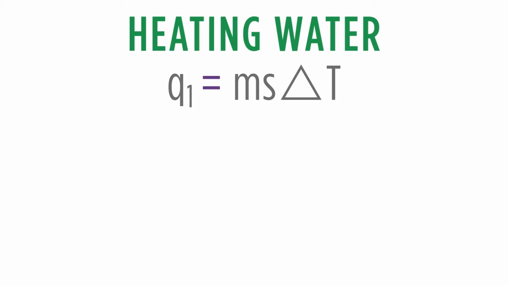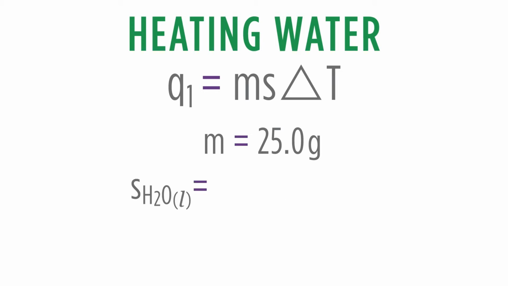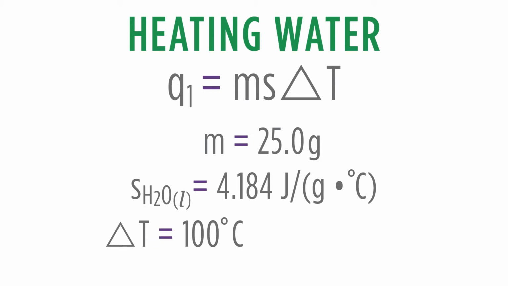First, heating water. We're going to use Q equals mass times the specific heat times the change in temperature. Mass in this case is going to be 25.0 grams. Specific heat of liquid water is 4.184 joules per gram degrees Celsius. The change in temperature is going to be 100 degrees Celsius minus 25 degrees Celsius, or 75 degrees Celsius.